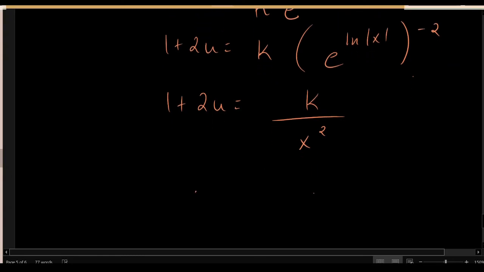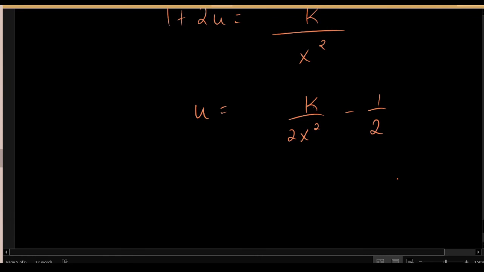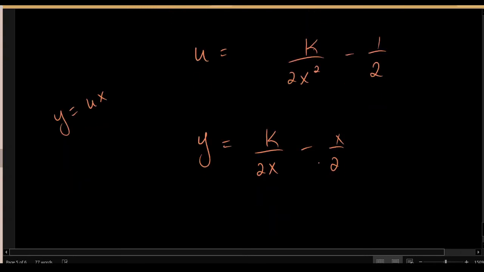So that implies that u itself is equal to k divided by 2x squared minus 1 divided by 2. And since u times x is equal to y, this means y would be equal to this expression multiplied by x: k divided by 2 times a single x, minus 1/2 times x in the numerator.